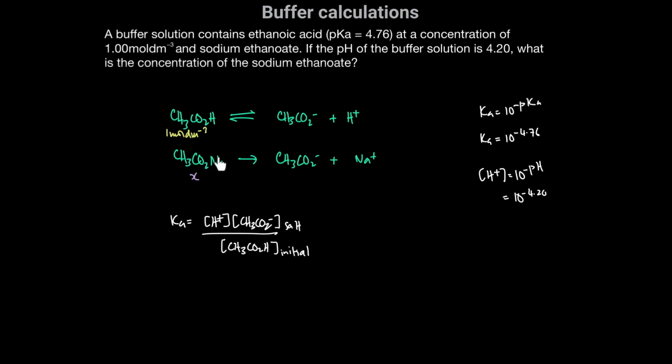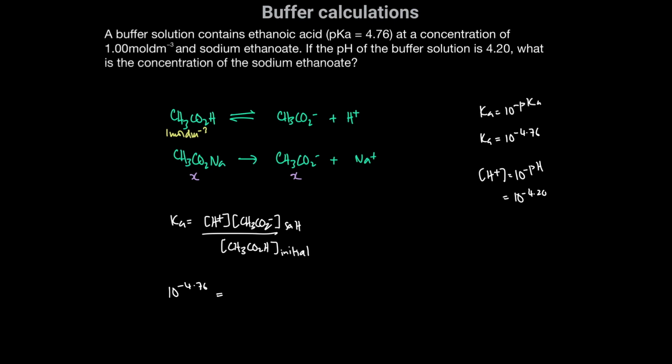So let's say our concentration of sodium ethanoate is x moles per dm cube, and we're assuming that all the conjugate base is coming from the salt. So if the concentration of the salt is x, the concentration of the conjugate base is also x moles per decimeter cube. That's what we want to find. The Ka is 10 to the power of negative 4.76.